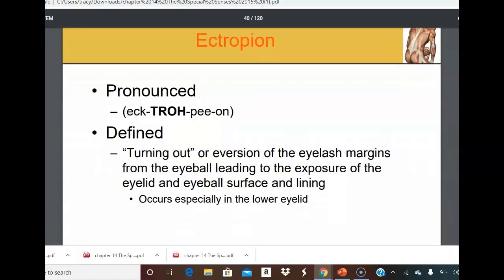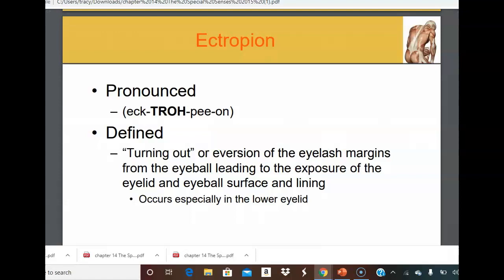Okay, so we have a couple of structural things that can occur with the eyelid itself. These are usually more common in the elderly population, where we have changes in the actual structure of the eyelid. One is called an ectropion. Ectropion refers to a turning out, or an eversion, of the eyelid margin from the eyeball.